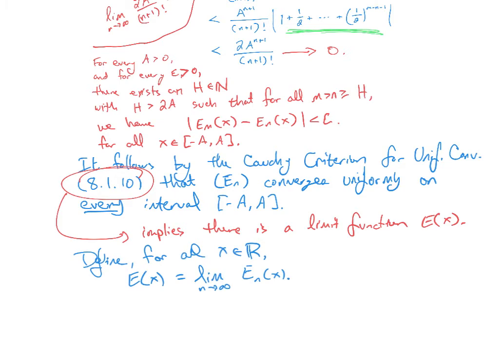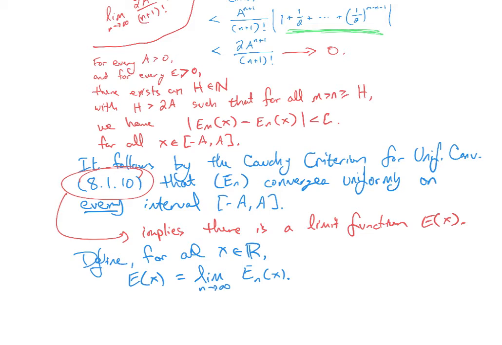This is our usual thing, that with sequences of functions, we always define the limit object pointwise, even if we have the nicer convergence, which we do here. We have the nicer convergence on any closed, or on any bounded interval.